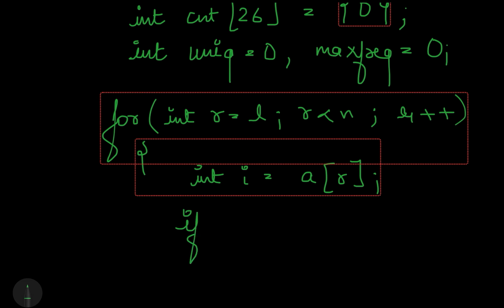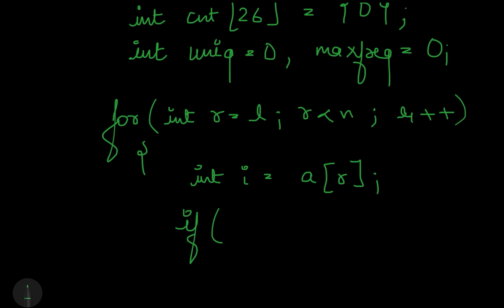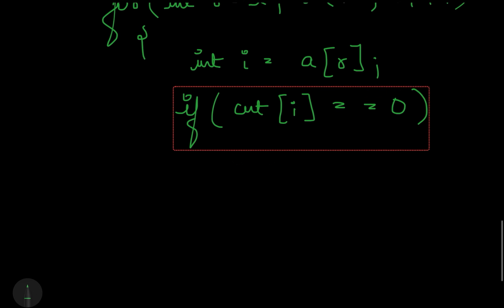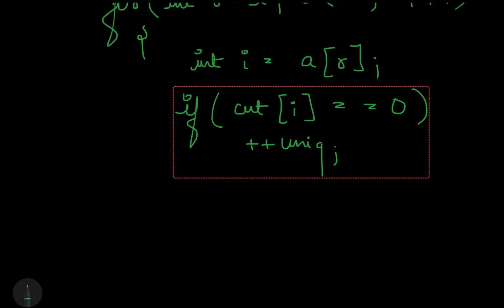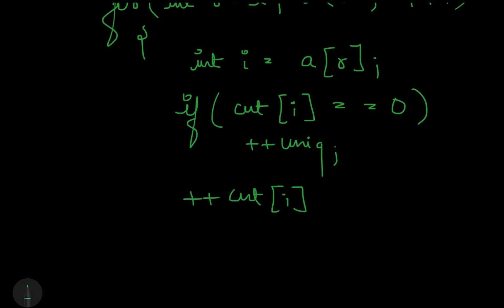Now we'll check if count of I is equal to 0, that means it is a unique character, so we'll increment the unique character count. And at each iteration our counter should be increased.